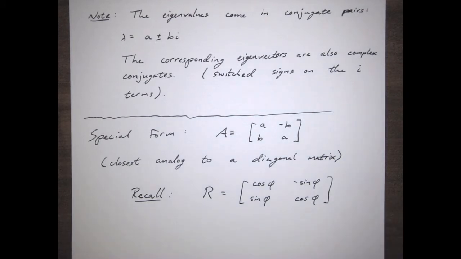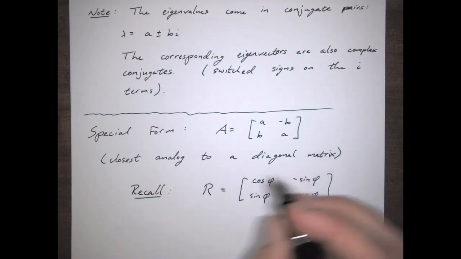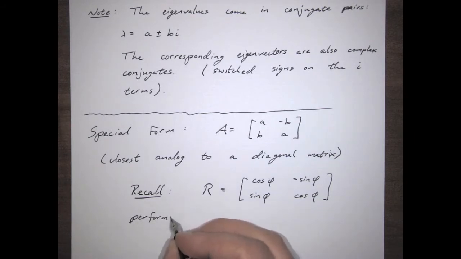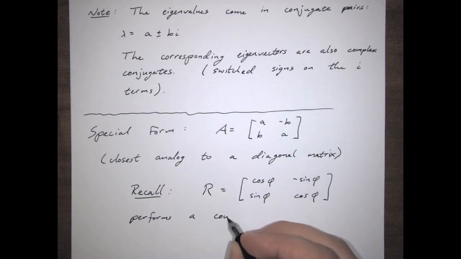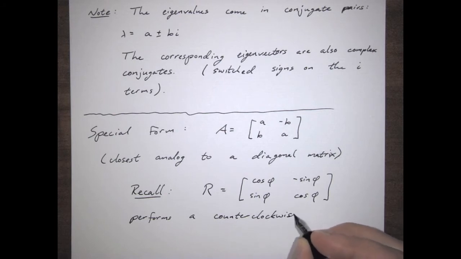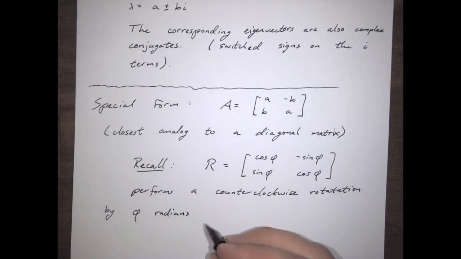So this is the matrix that accomplishes a rotation by an angle of phi in R2. So this performs a counterclockwise rotation by phi radians in R2.